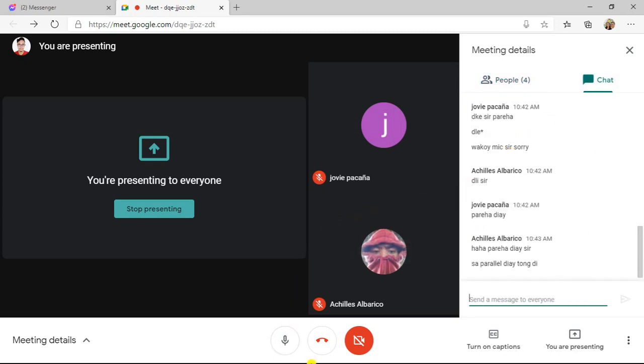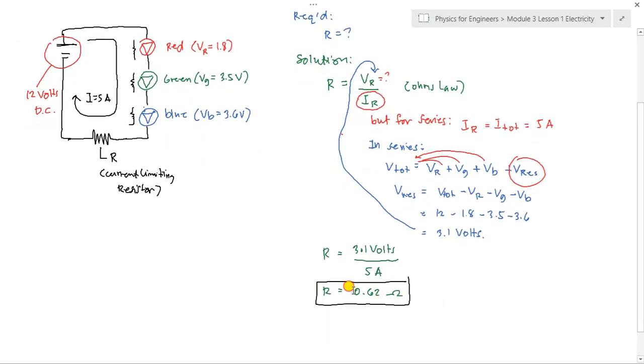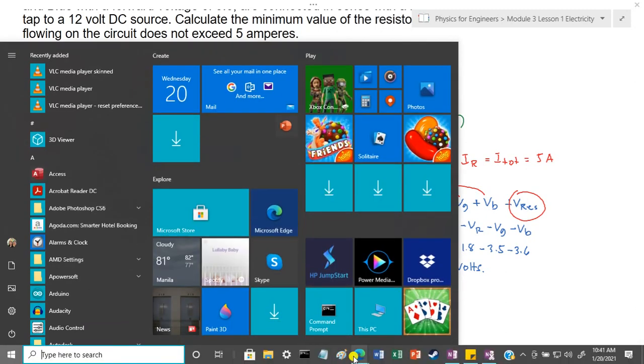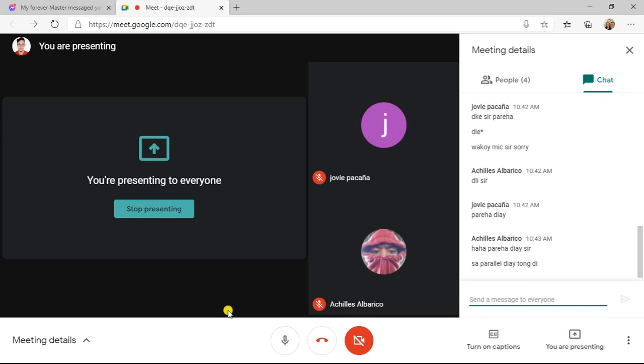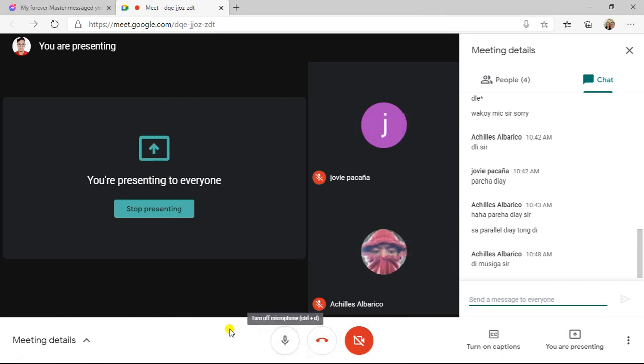What would happen to our circuit if we use a resistance smaller than what we have calculated here, 0.62? What if we lower it, what happens to our circuit? What do you think, Miss and Mr. Albarico? It won't light up. Why won't it light up? Because the resistance is low.